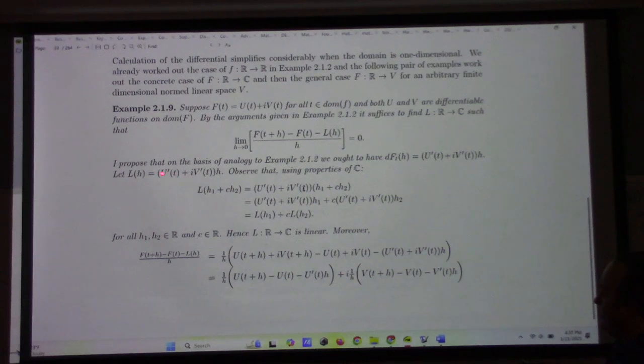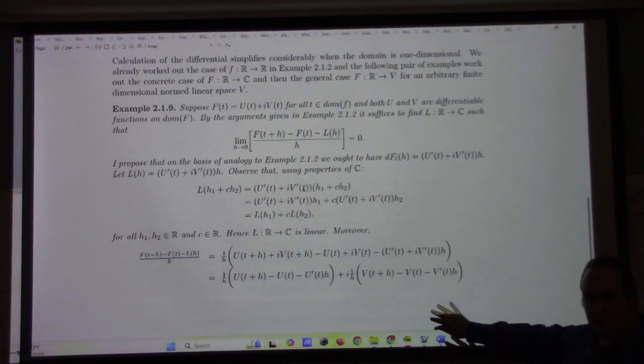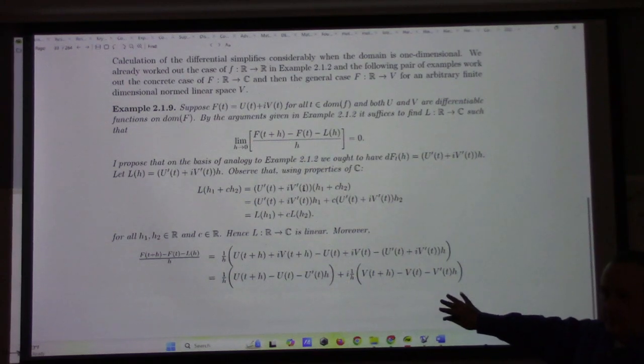And so what I do is I prove that the linearization is linear. It's not especially exciting, but there's the proof. And then calculate the difference quotient. And in this case, it ends up being essentially the piece for u and the piece for v, but this is exactly the same mathematics we faced in the part I worked through at the start of class to show you that differentiable implies, if you really look at that argument, it goes both ways.